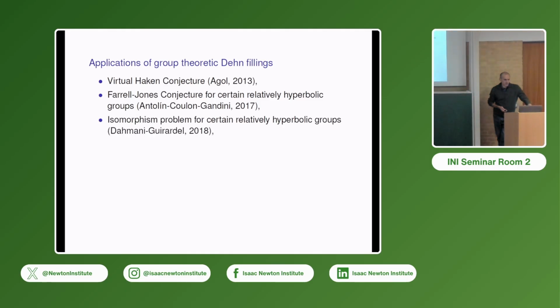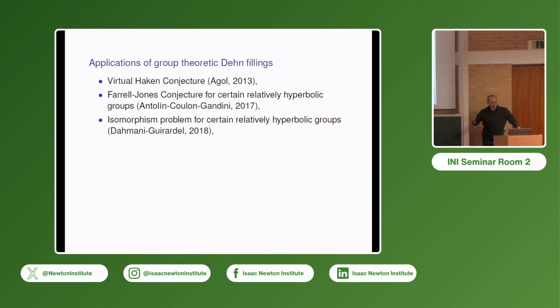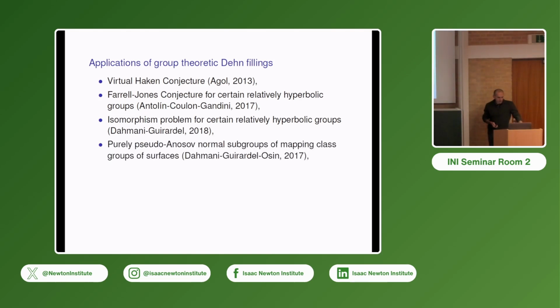Then there is the isomorphism problem for certain relatively hyperbolic groups by Dahmani and Guirardel. This again uses residual finiteness of peripherals, again with extra conditions. And there is a construction of purely pseudo-Anosov normal subgroups in mapping class groups of surfaces, which is a result of Dahmani, Guirardel, and Osin from 2017.